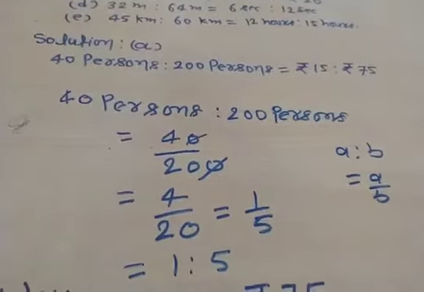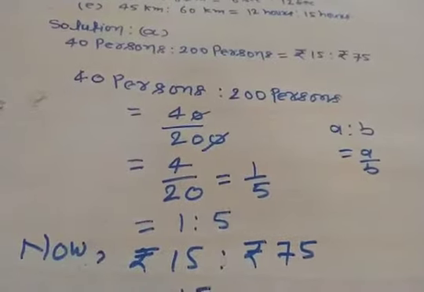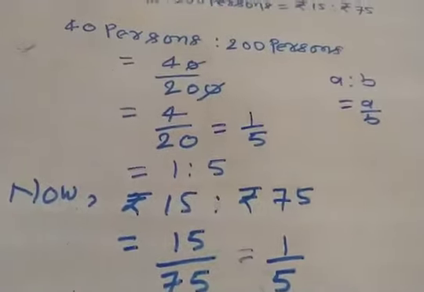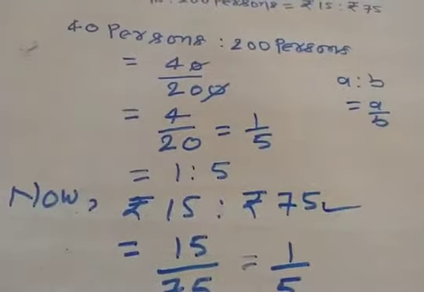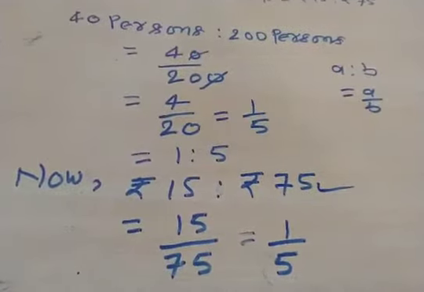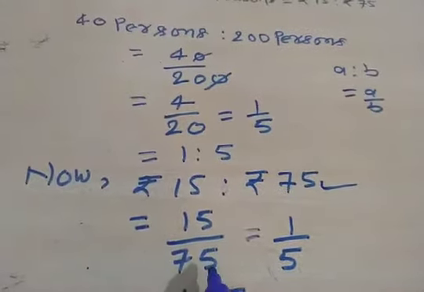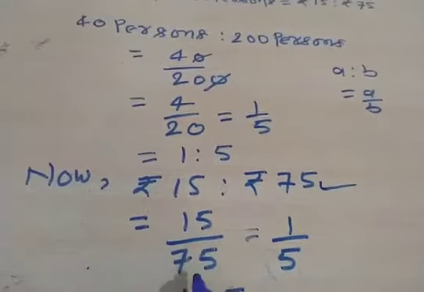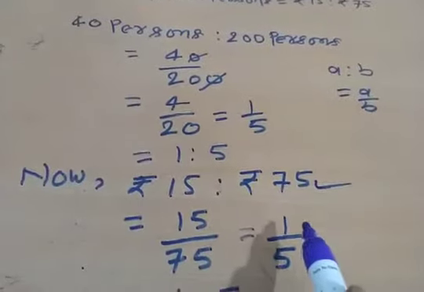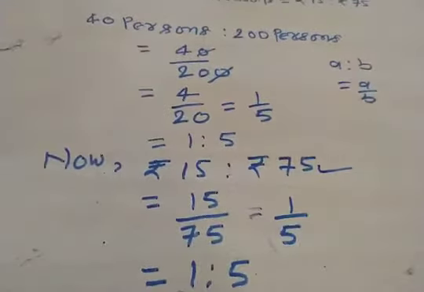Now we take the right hand side, rupees 15 ratio rupees 75. First we convert it into fraction form, 15 by 75. You know 15 times 1 is 15, 15 times 5 is 75. So we obtain 1 by 5. We can write 1 by 5 as 1 ratio 5.